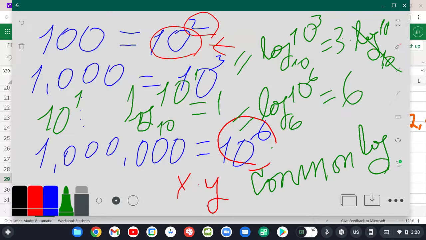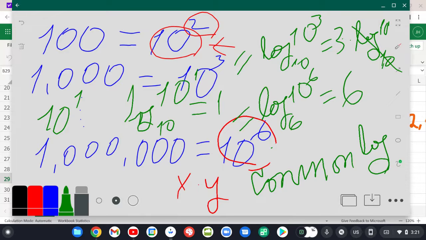So it's 10 to the 6th, 1 billion is 10 to the 9th, 1 trillion is 10 to the 12th. In other words, it's exactly the number of zeros after 1. So common log is easy to visualize, it's easy to envision.